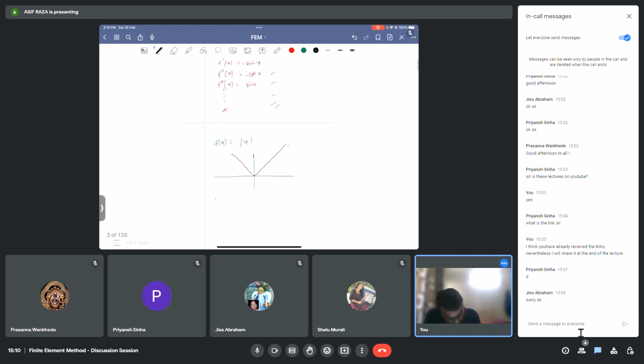If I take the first derivative, f'(x) is equal to 1 for x greater than 0 and minus 1 for x less than 0, and f'(x) is not defined at x equal to 0.